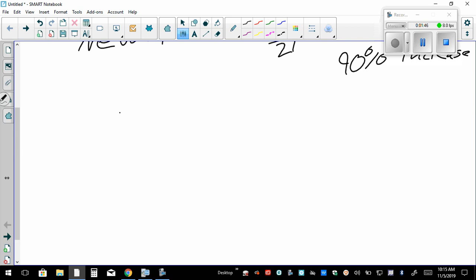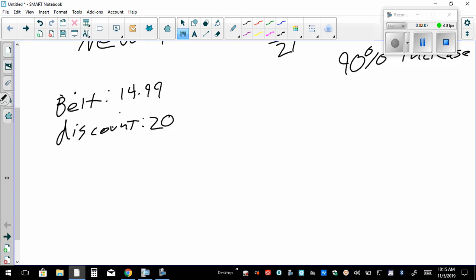It's just a random example. We're going to be buying a belt for $14.99. The discount is 20%.